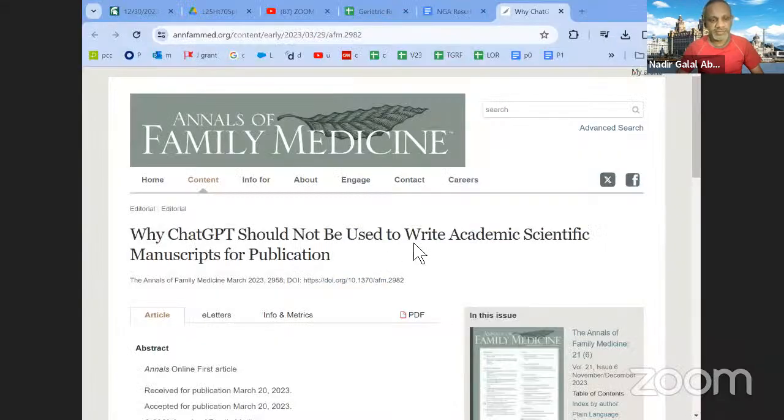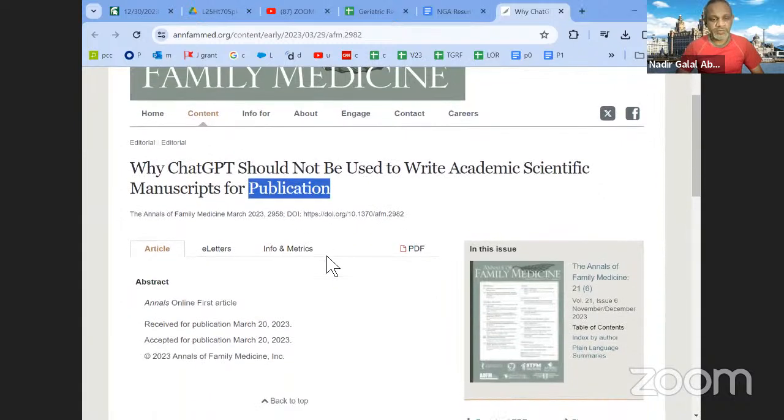An article came up about artificial intelligence. They talk about why ChatGPT should not be used to write academic papers, for example. I disagree that it should not be used totally, but I think we can use it partially.